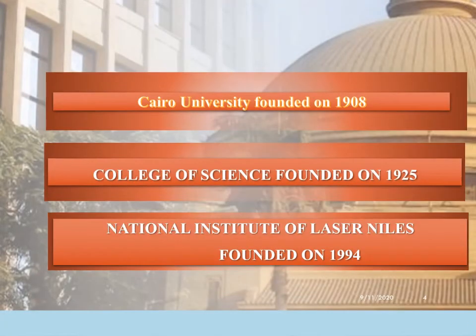In Cairo University, the construction of Cairo University is well known since 1908, and the College of Science since 1925, and the foundation of the National Institute of Laser since 1994.